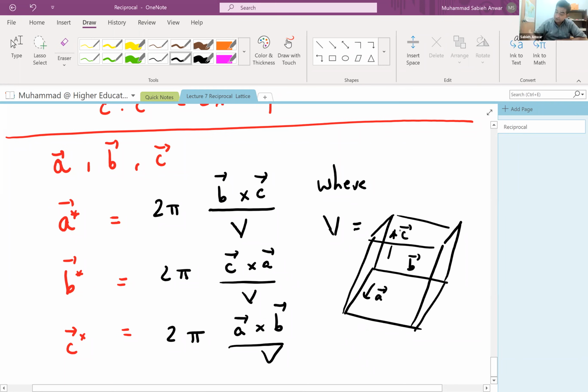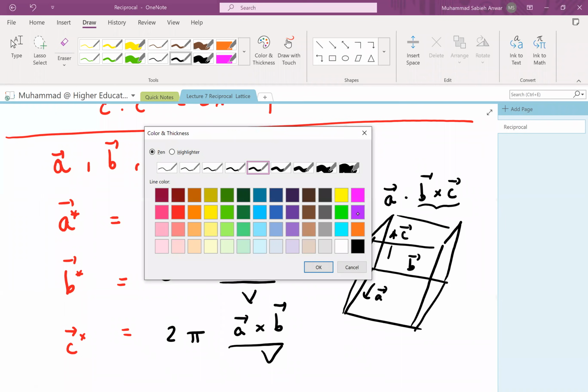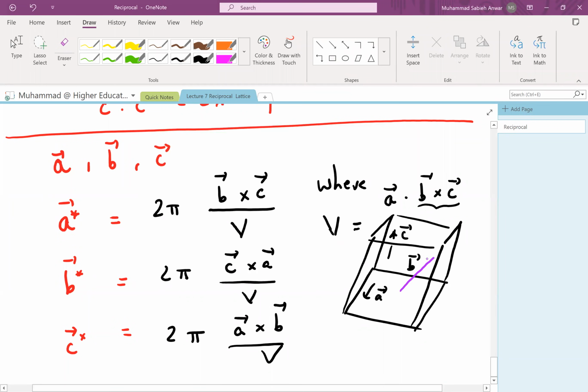From basic geometry, we know that this volume is going to be A dotted with B cross C. B cross C is a vector normal to the AB plane. This thing here.